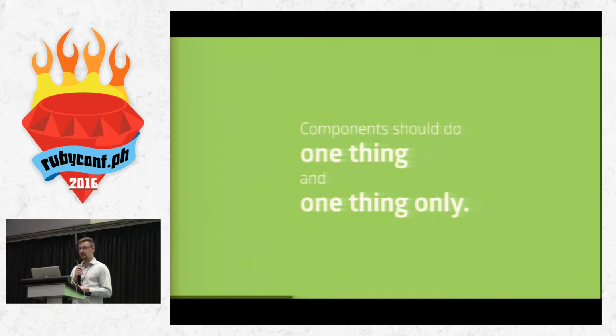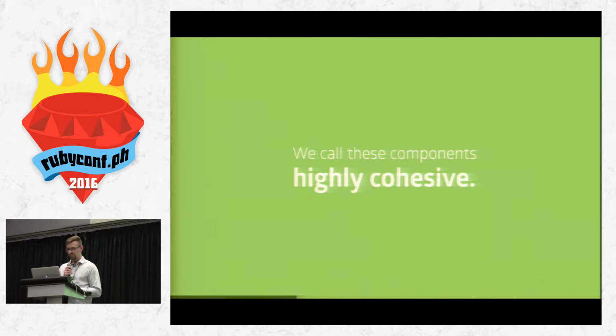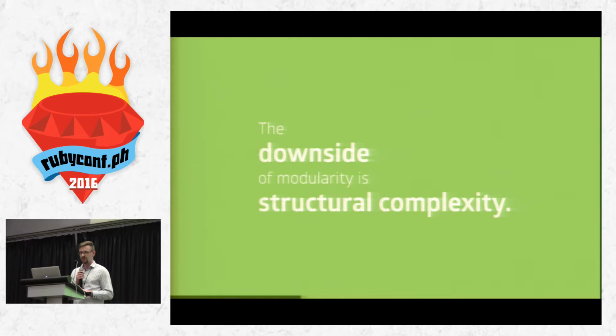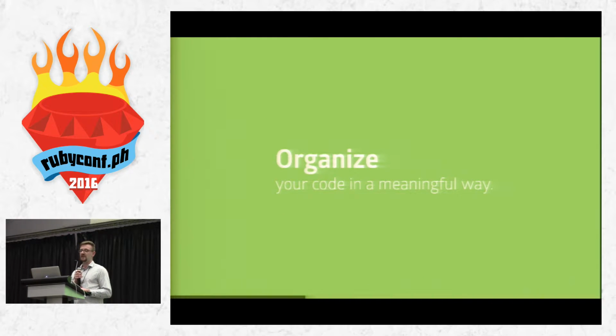The idea behind modular systems is that they consist of components, and that each component does one thing and only one thing. And if components in a system adhere to this concept, we often speak of highly cohesive systems. The downside of having so many components is that you often have to deal with structural complexity. But that can be easily dealt with by simply organizing your code in a meaningful way.